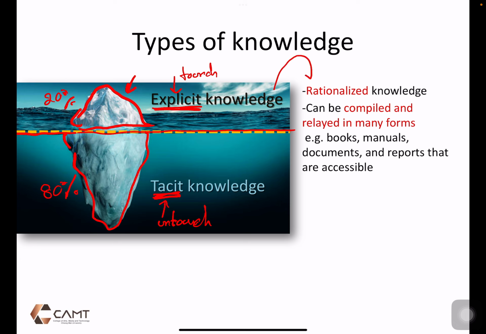The feature of explicit knowledge is that it can be codified and shared in many forms. For example, explicit knowledge is in the book. It can be in the form of manuals, documents, reports, or any form that you can access.